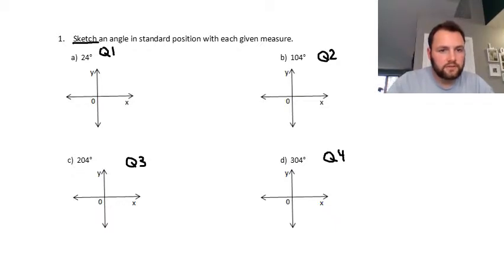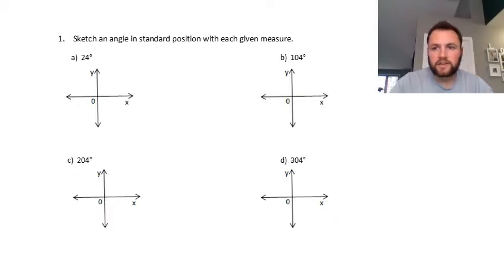For 24 degrees, our initial arm is always right on that x-axis. So what we want to do is go 24 degrees. Now I know that the whole angle from there to there is 90 degrees. Whoops, that's 90 degrees, and I don't want that.